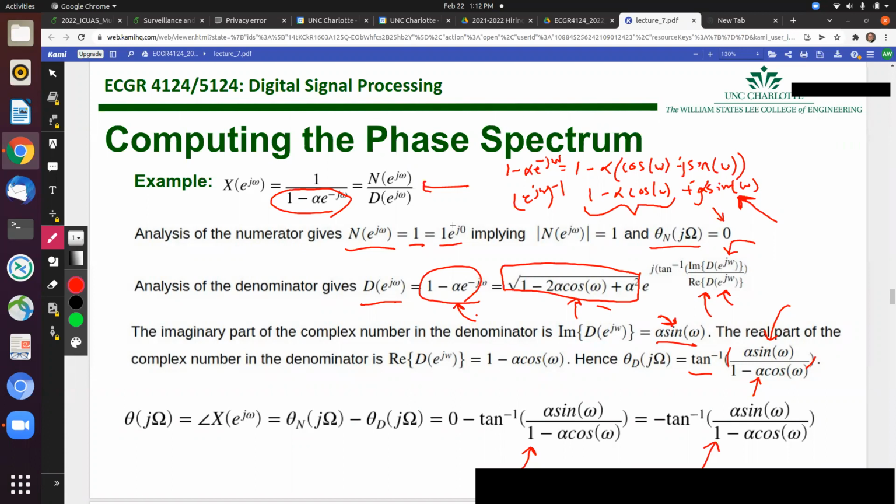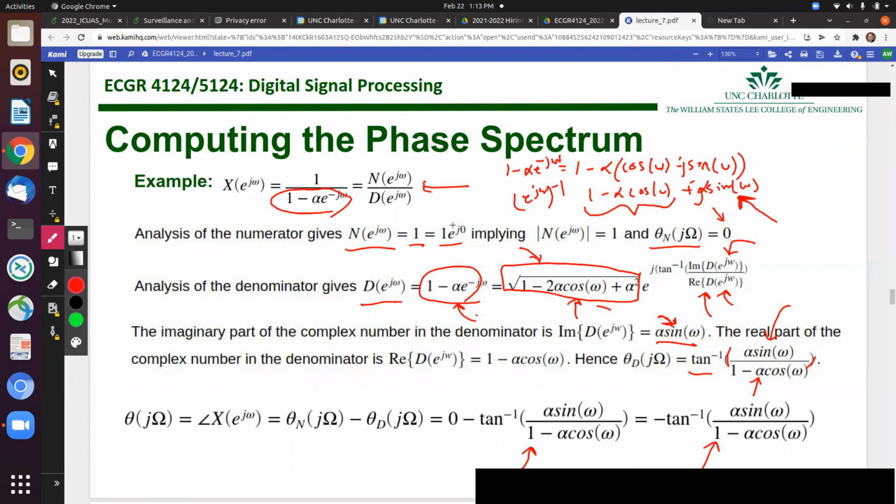And we have a method for calculating magnitude, looking at the magnitude of the numerator, looking at the magnitude of the denominator, and then taking the ratio. I'm not going to go over it again because you've seen it several times now. And I have this other way of calculating the phase response, which basically asks you to break the expression into real and imaginary components.